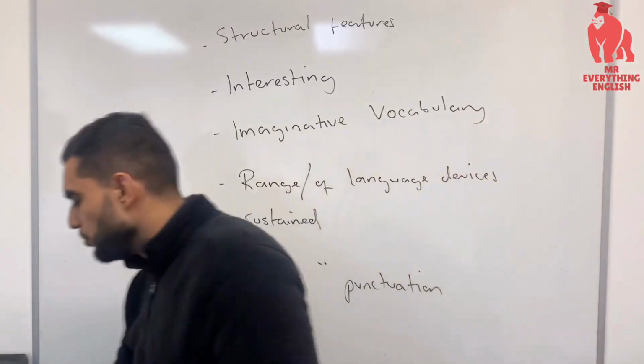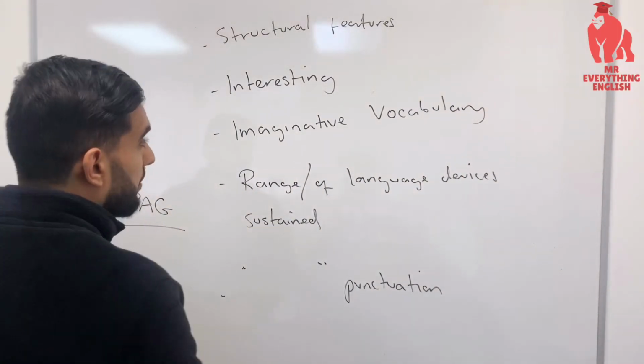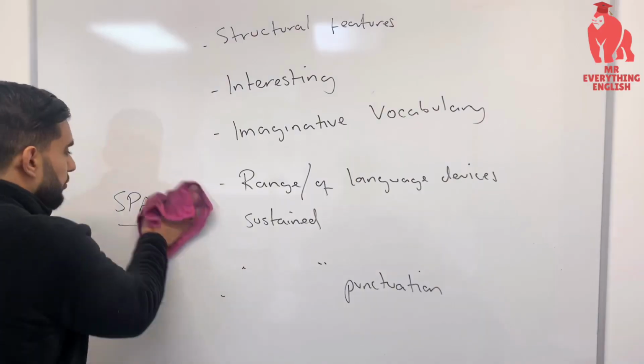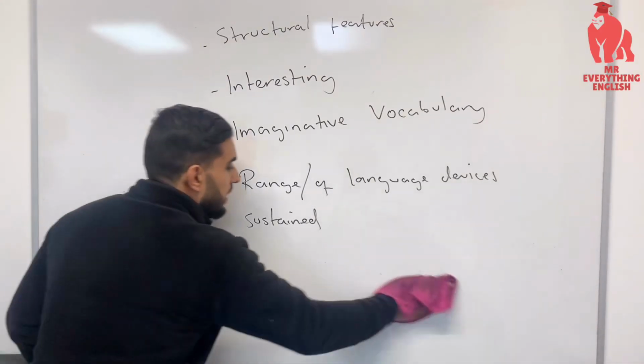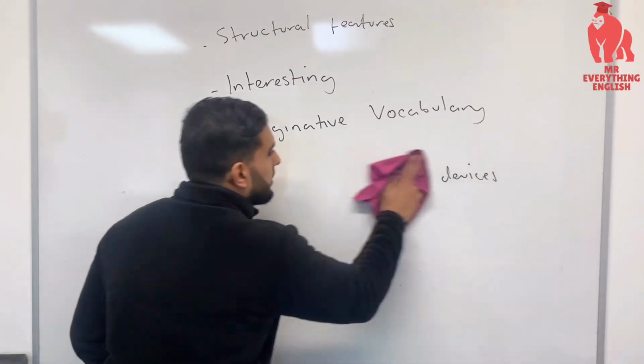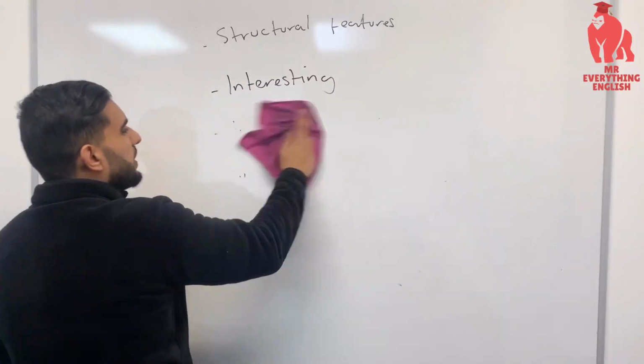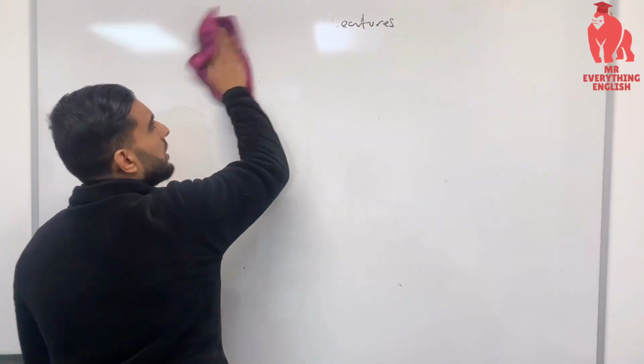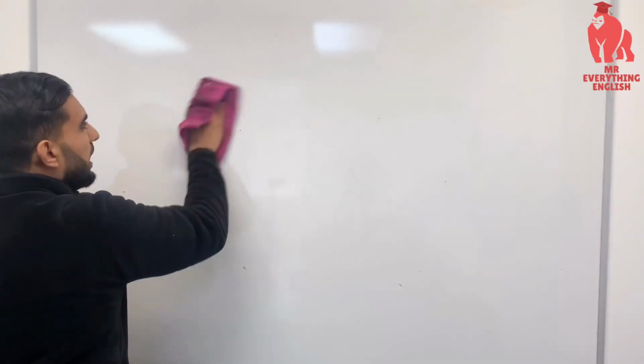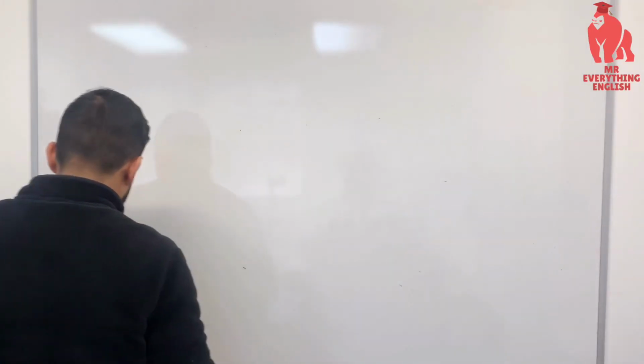Now, what do we do with this mark scheme? How do we bring it to life? So, shall I go over language devices? Guys, you know what? Let me go over a few language devices and a few pieces of punctuation.